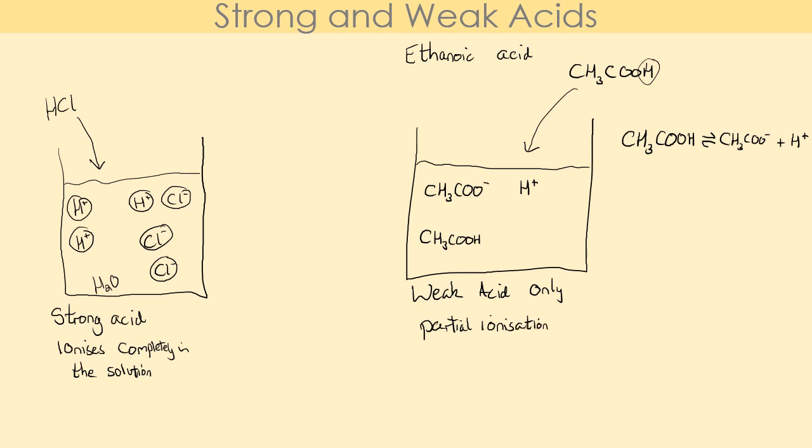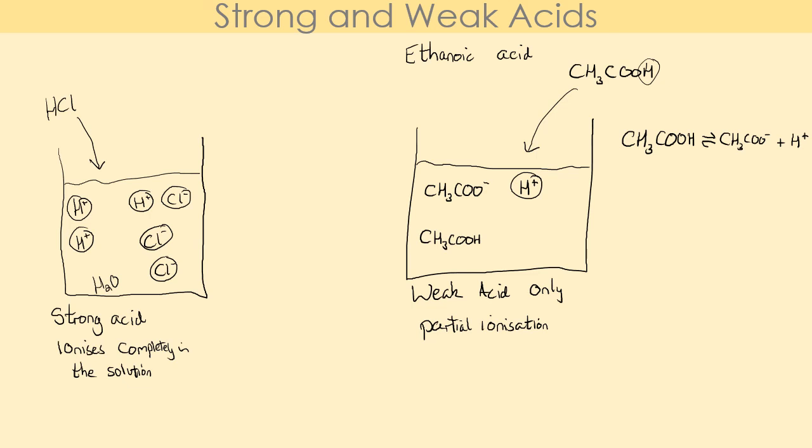And this means we have fewer H+ ions around than we do in the hydrogen chloride one. So our strong acids will include things like hydrogen chloride, sulfuric acid, nitric acid. Our weak acids will include ethanoic acid, citric acid, and carbonic acid.